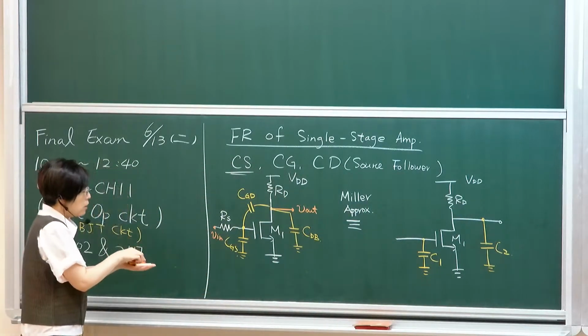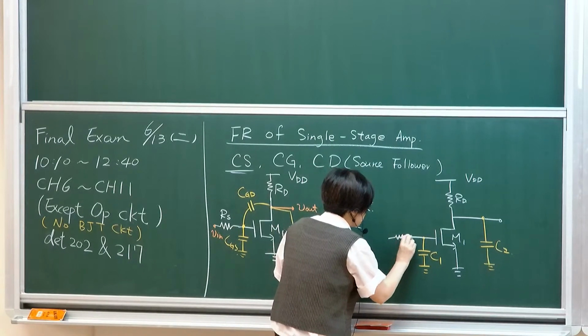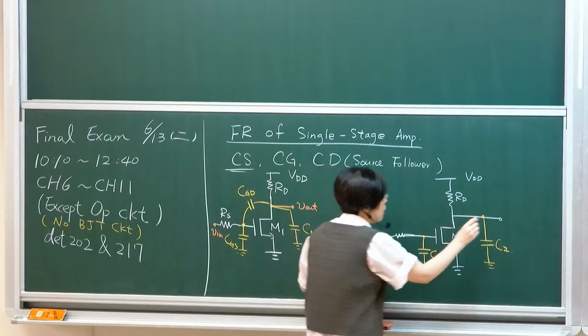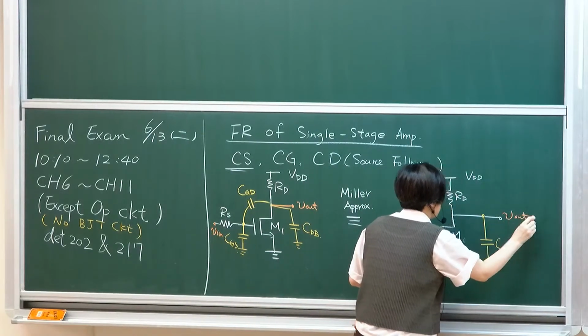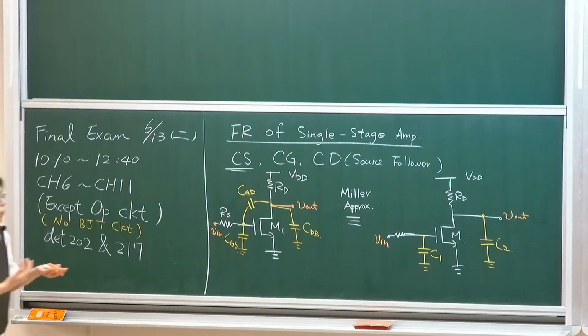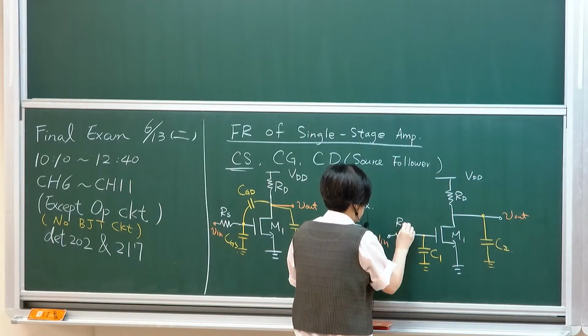In this configuration, once you have this equivalent circuit, we can construct a C1 and C2, and then it will give you two poles.